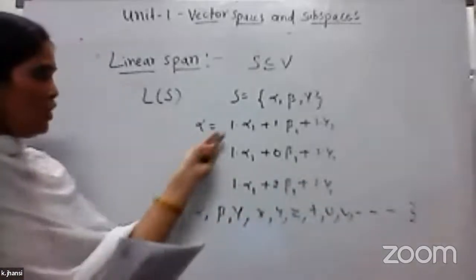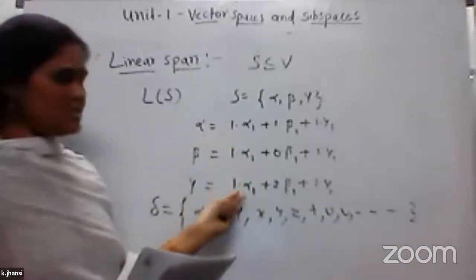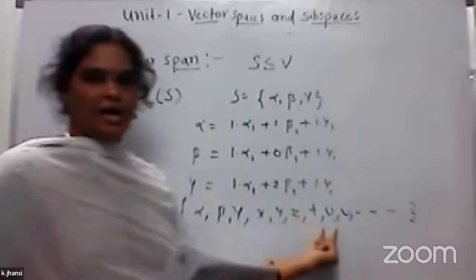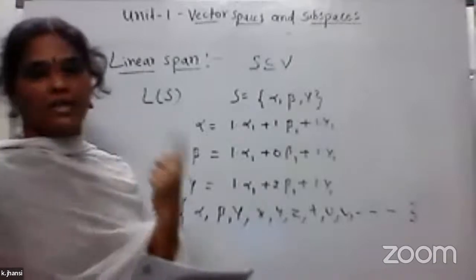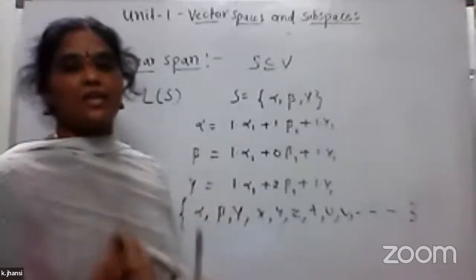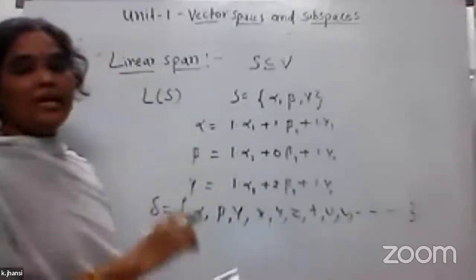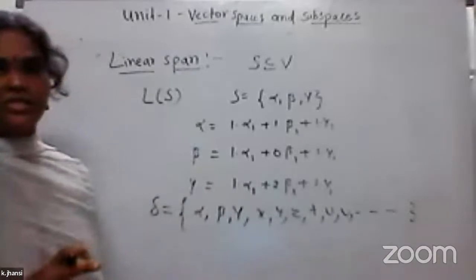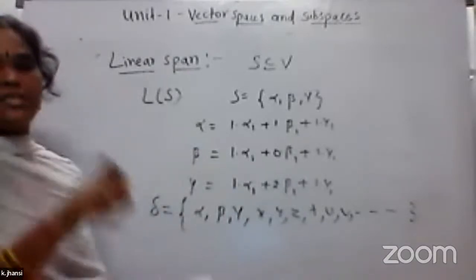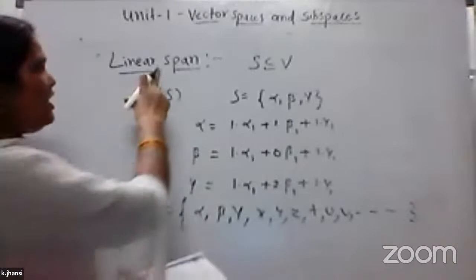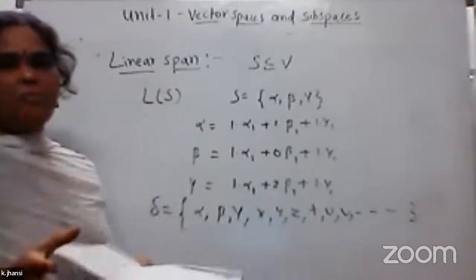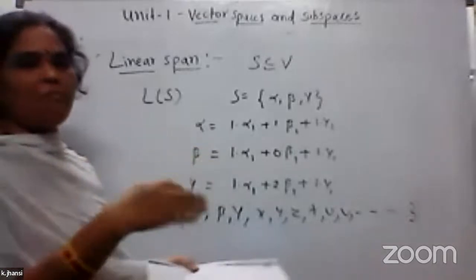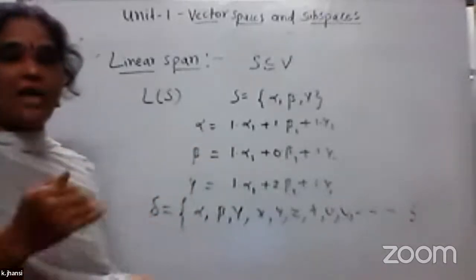Whenever you put all the linear combinations as one set delta, that set is called the linear span of the set S. Linear span is nothing but the possible linear combinations. If you put them in a set, that is called a linear span. Okay, so this is the definition of linear span. Linear combination means scalar multiplication of scalars and vectors.